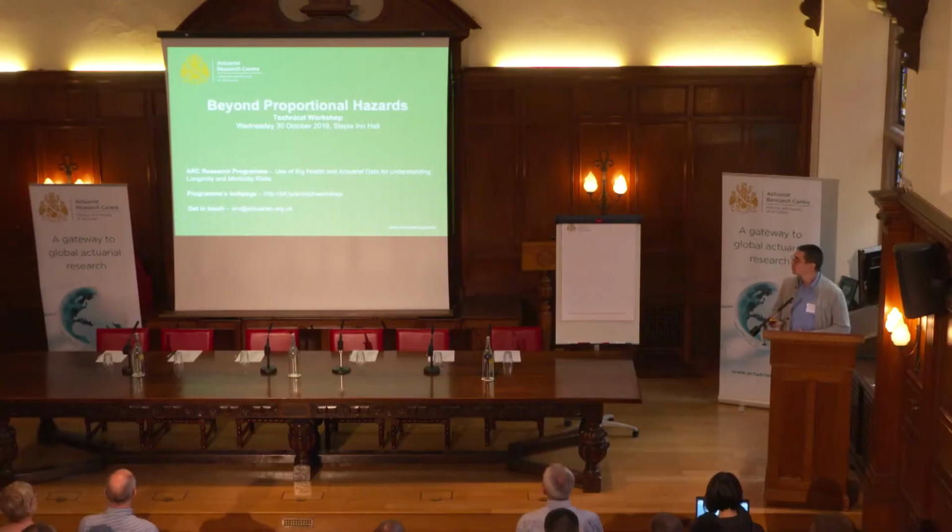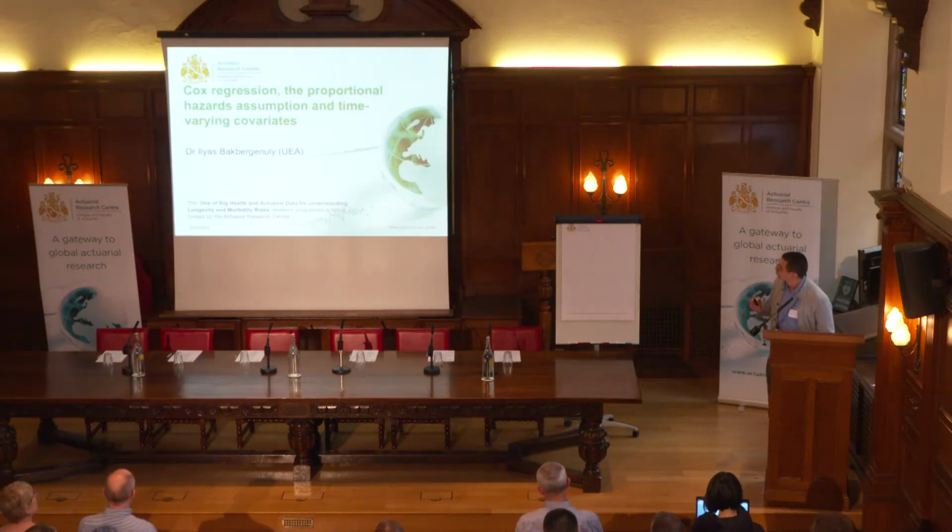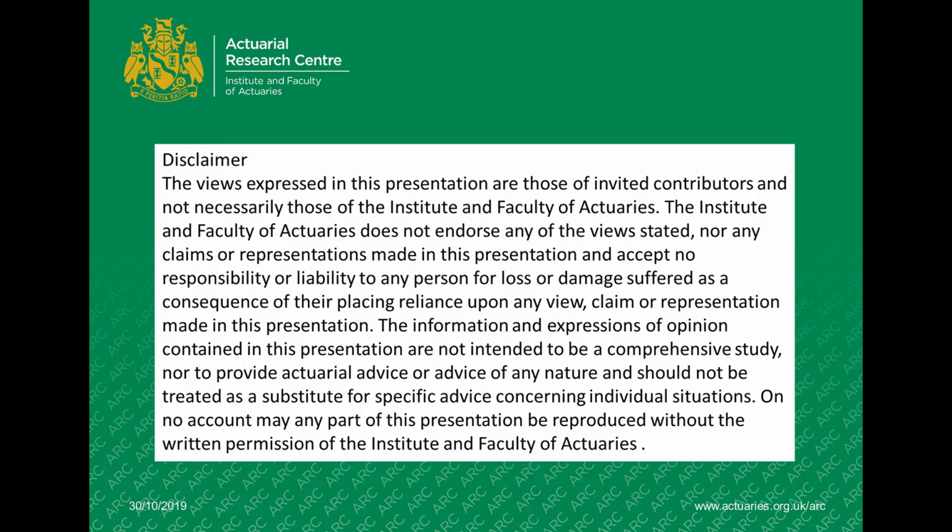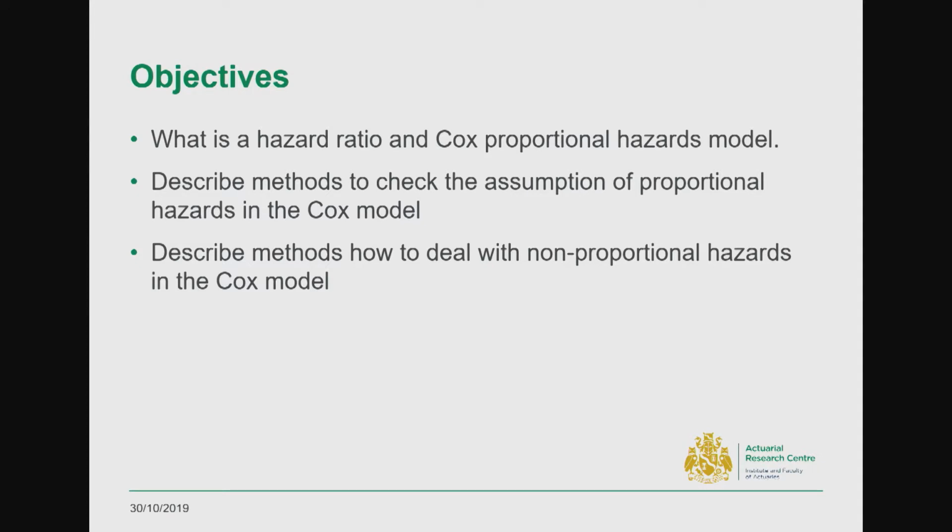So, I will be talking to you about the Cox regression, the non-proportional hazard assumption, and time-varying covariates. It's the first talk, so here is a little bit of disclaimer, and then let's go to objectives.